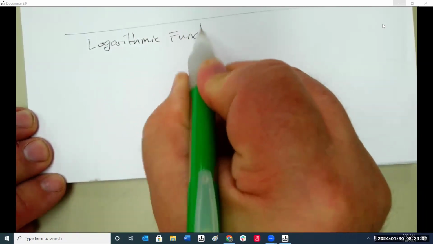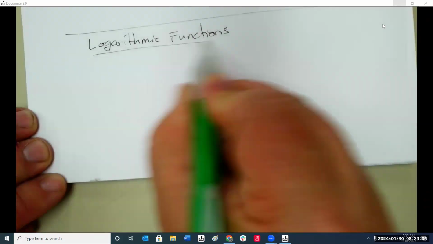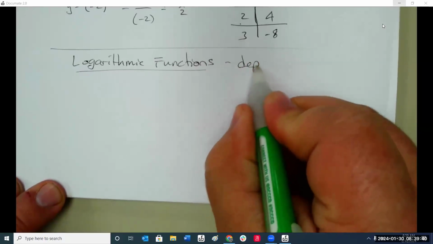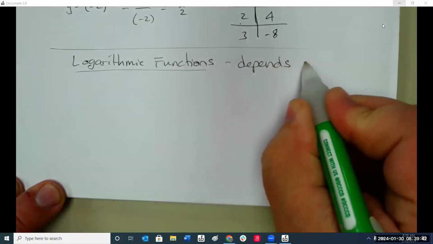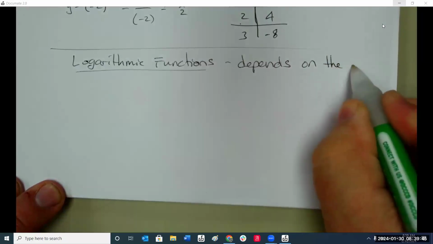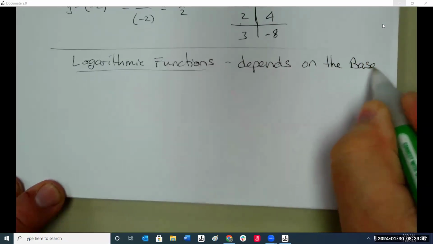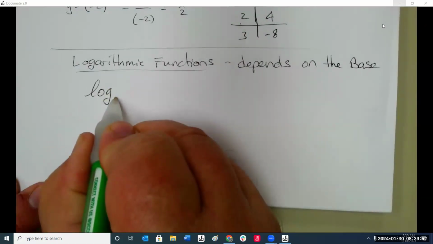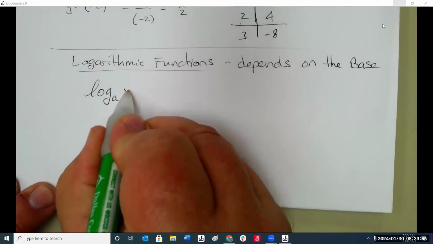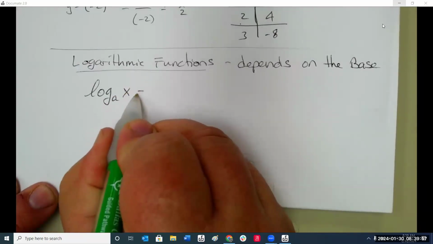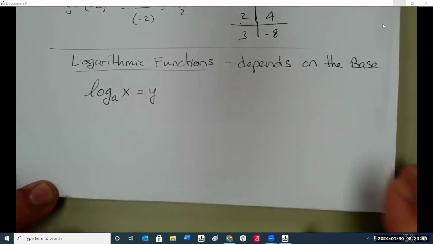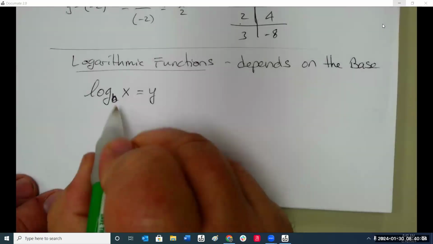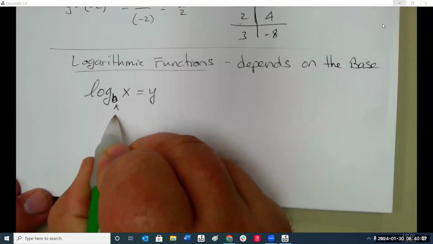Logarithmic functions depend on the base. Instead of A, I'll call it a B, because that's the base.